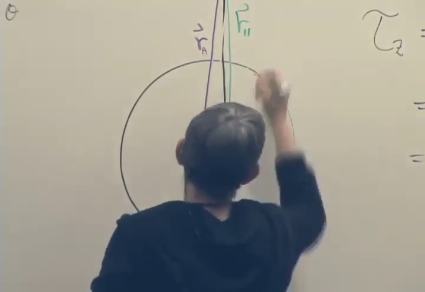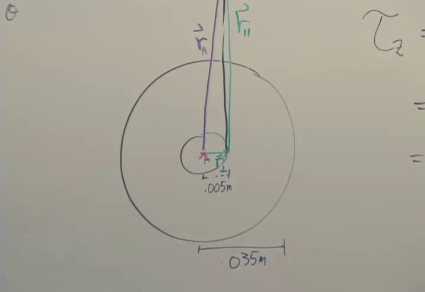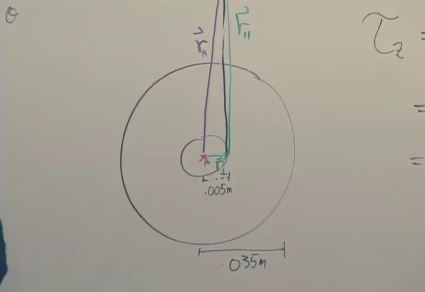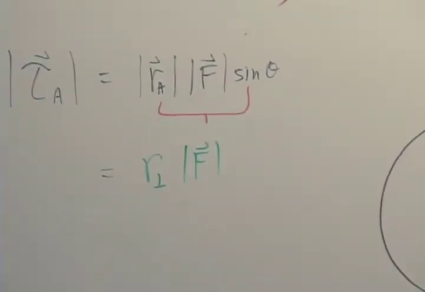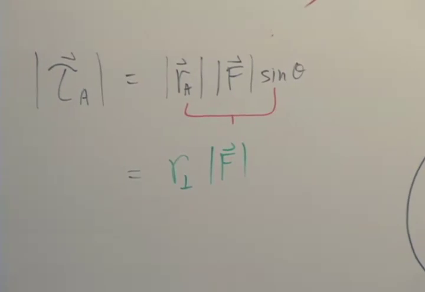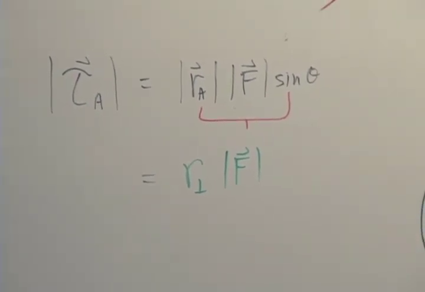So that's perpendicular and that's parallel, and it's the perpendicular one, so we can rewrite that as the perpendicular distance times the magnitude of the force. Okay? So it works out the same either way.